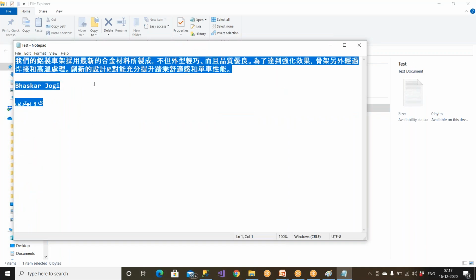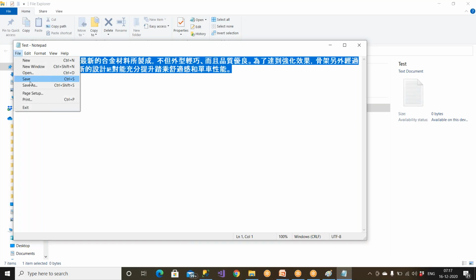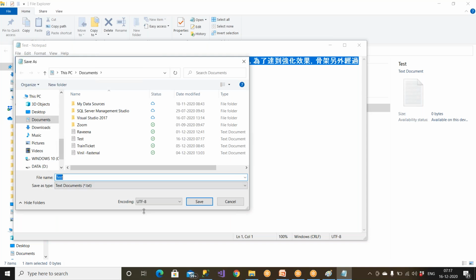Now, Notepad is also supporting this, but if you go to olden days notepads, it was not supporting all of them. While saving, it is taking UTF encoding. If you have a normal other encoding, it is not able to save it.